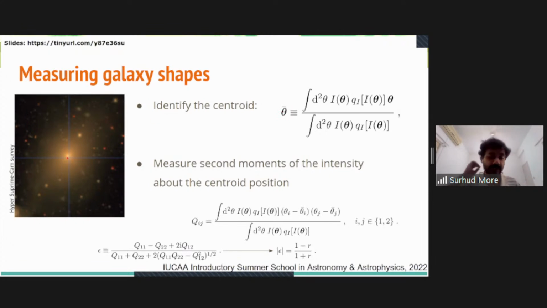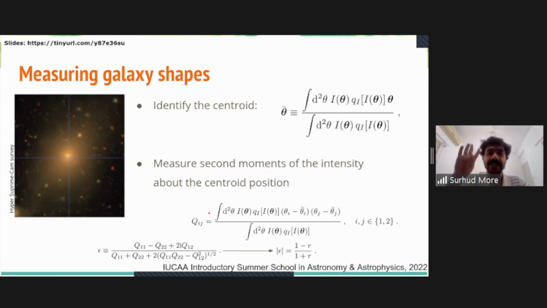Once you have measured the center of this galaxy, then with respect to this center, you can measure the second moments of the surface brightness distribution. So that is what is shown here. You again do I of theta times q_i, and this is the weighting function. And then the second moment that you are measuring will be theta_i minus theta_i bar, theta_j minus theta_j bar. Right?